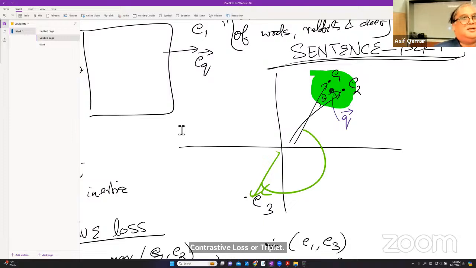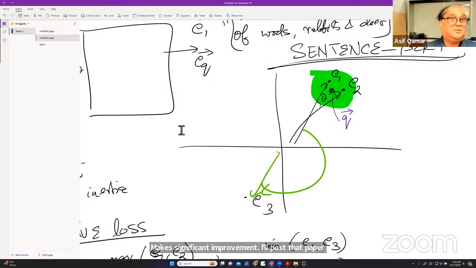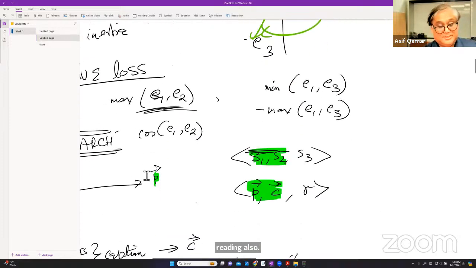Using the triplet loss, you do that. Now, over the years, this paper has become sort of the baseline, and many improvements have happened. In particular, the paper reading that I did this Wednesday makes a significant improvement. I'll post the video of that also for you to go through in case you have the time.